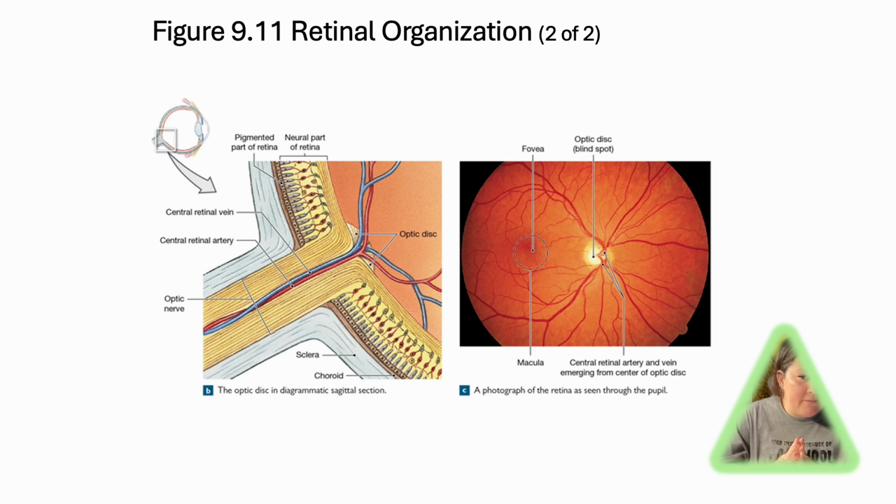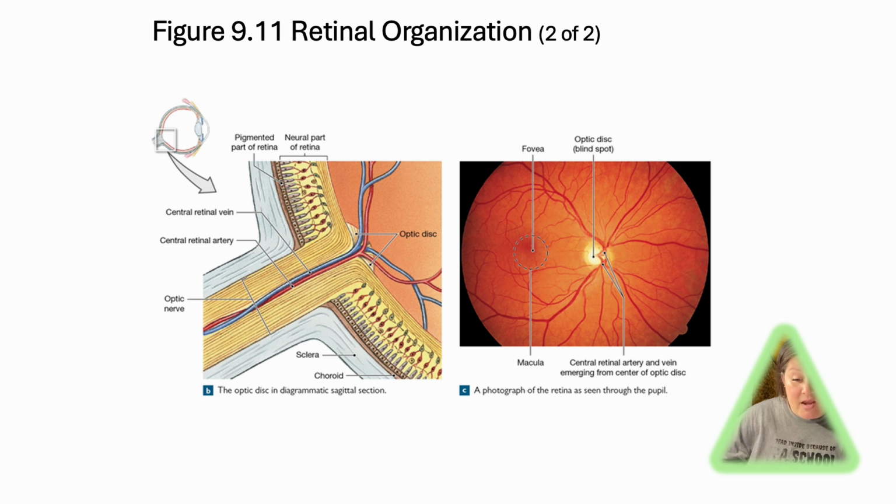In addition, that vitreous humor is going to give the eyeball structure from the inside to keep that eyeball globe round in character. So again, that retina is going to converge to the posterior part of the eye, and it is going to form the optic nerve.